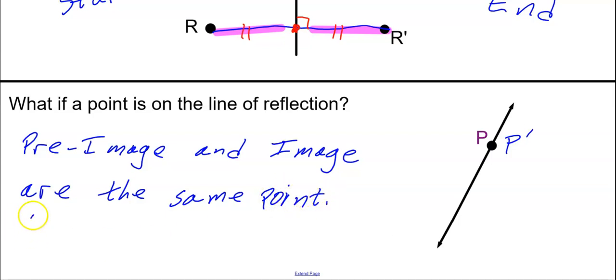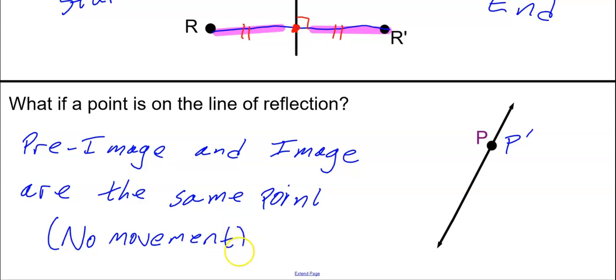That means no movement happened. The reason why no movement happened is if I'm on the fence, I don't jump over the fence. I am the same distance away from the line. So if P is 0 away from the line, P prime has to be that same distance, 0.